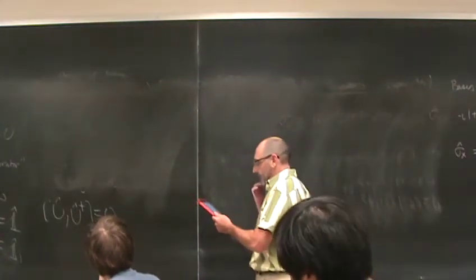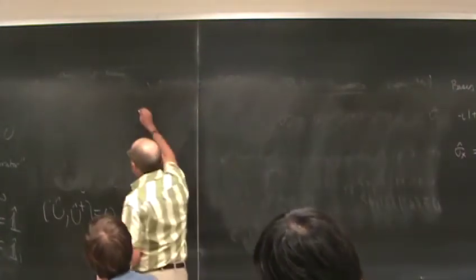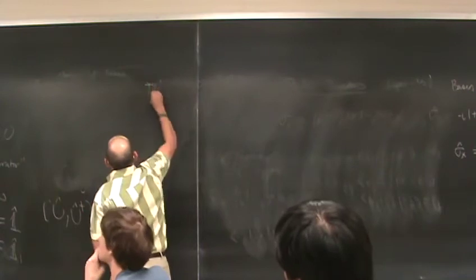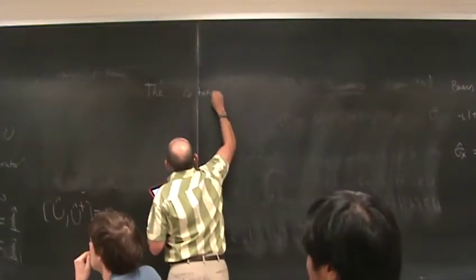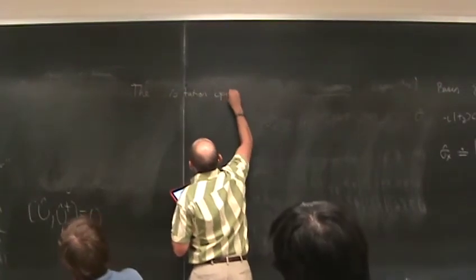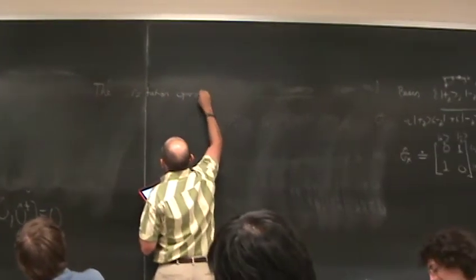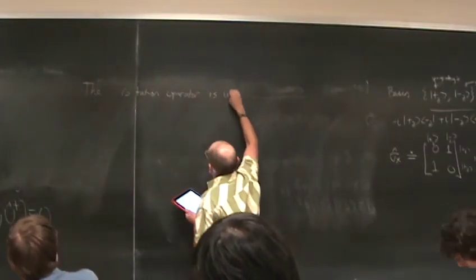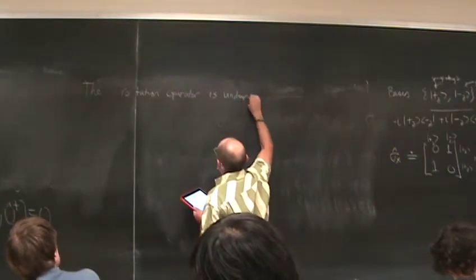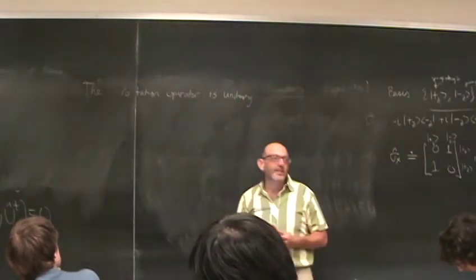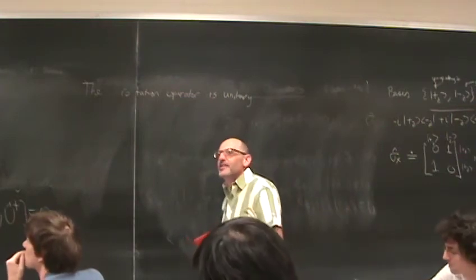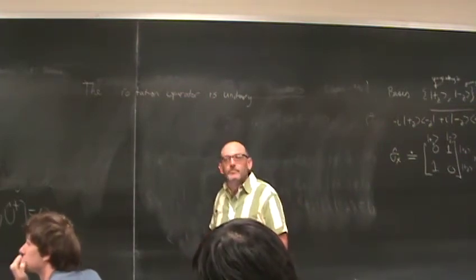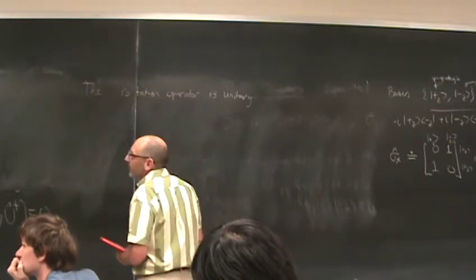All right, so what can we say in this case? Well, the rotation operator that we're just talking about right here is unitary. It's actually orthogonal in this case, but orthogonal matrices are also unitary matrices. How do we see that?